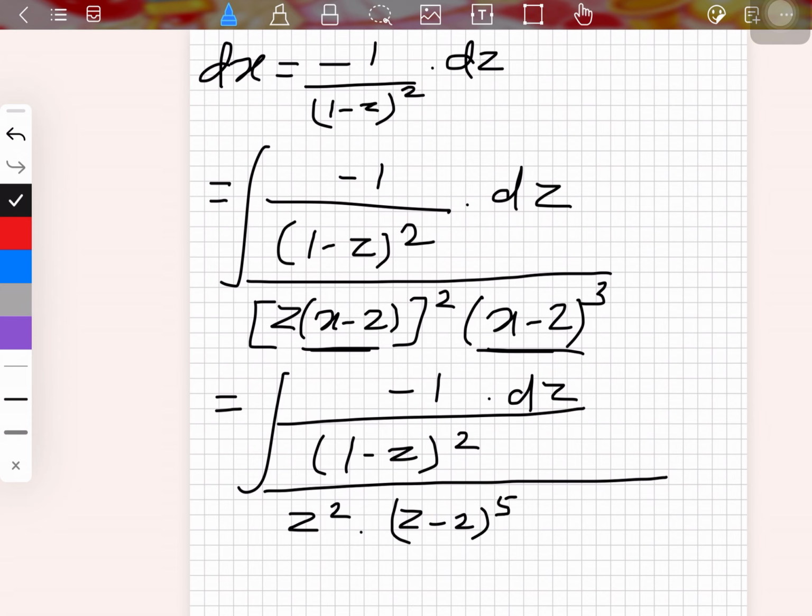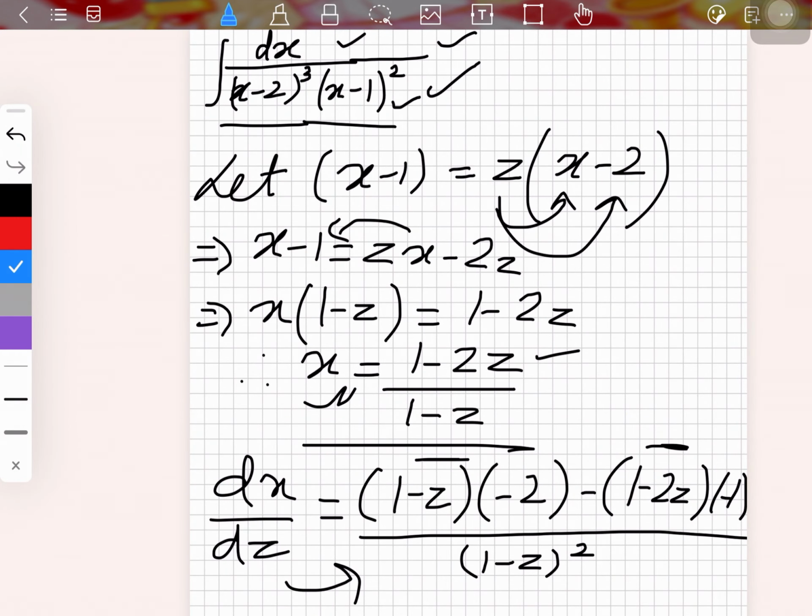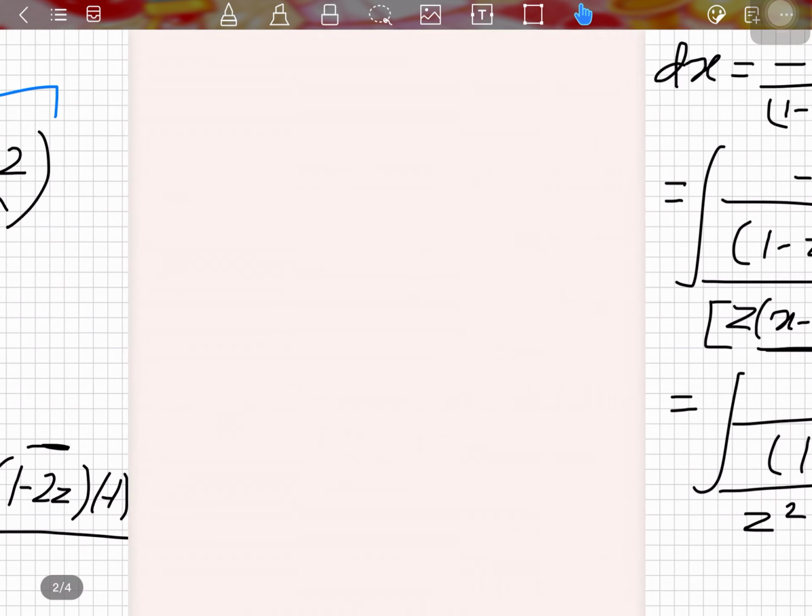So after this, the value of z was something that we supposed here, so z is not something given in the question. So now let's replace z with x. So if you send this term to the left hand side, then you'll find the value of z.